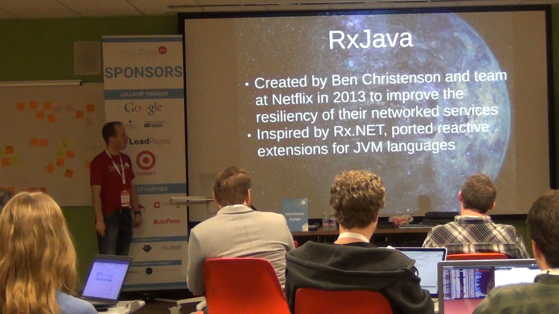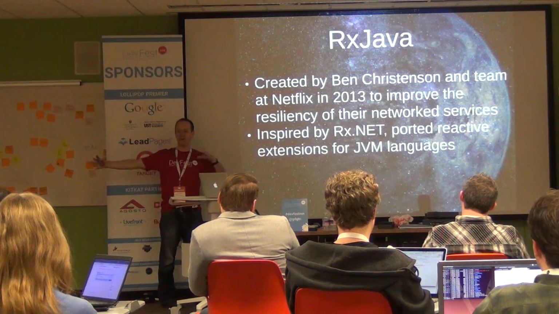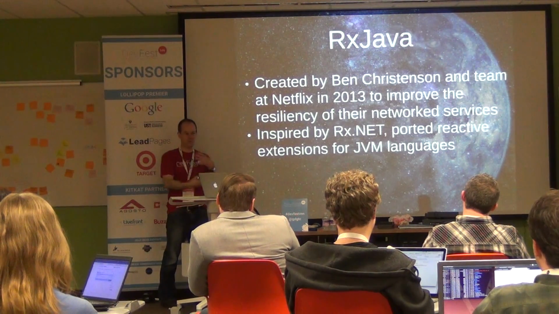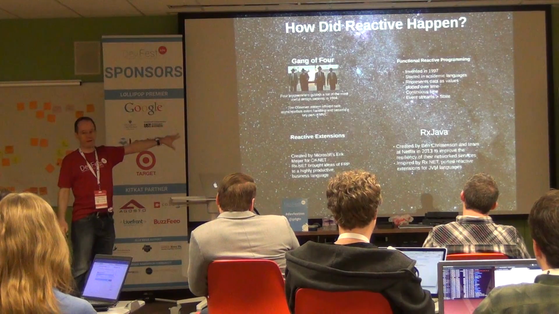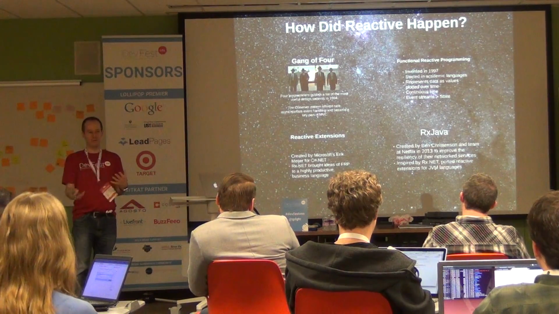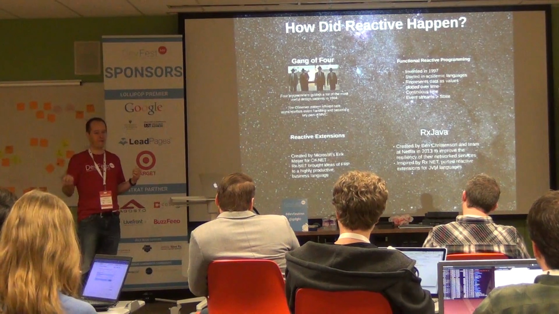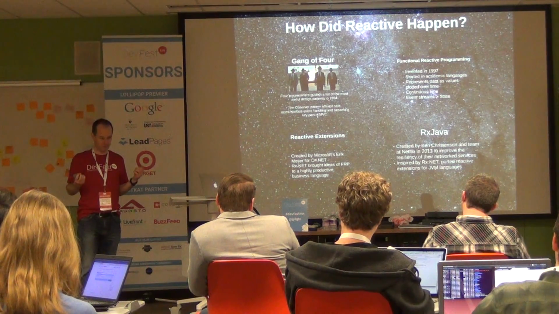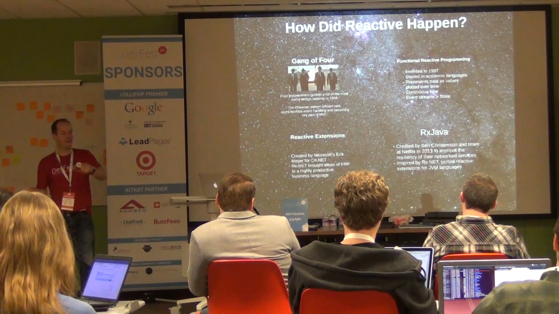He and Ben Christensen ended up building RxJava, which is basically a straight port of Rx.NET with some new ideas. Very simple. And they end up using RxJava to build their middle tier. I mean, it's the reason why Netflix is so reliable in spite of deliberately crashing their own servers. This is called the Chaos Monkey, and it's a cool topic to read on later.